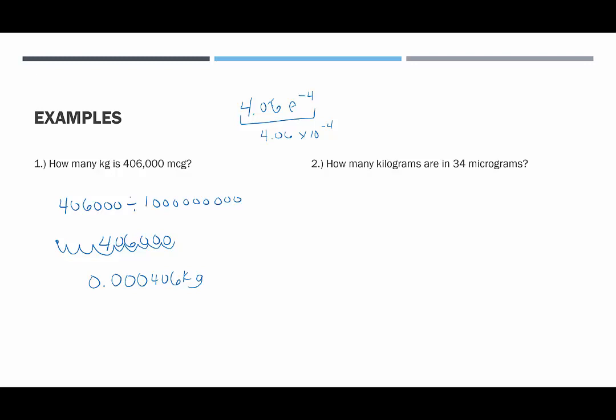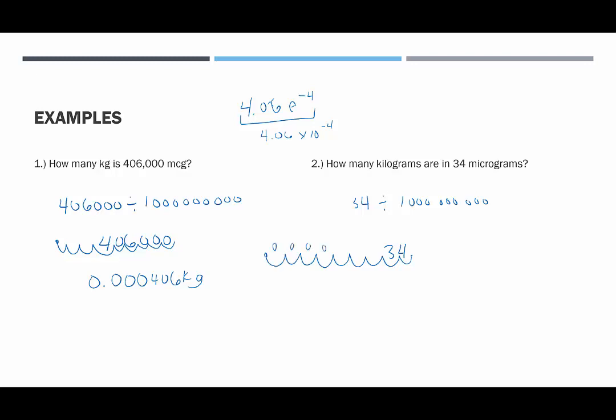Exactly. Okay, in our next example, how many kilograms are in 34 micrograms? So we're going to take that number and divide it by 1 billion. When we divide it by 1 billion, that means we're moving the decimal point 9 places to the left. So we're going to go 1, 2, 3, 4, 5, 6, 7, 8, 9. And then we're going to fill in zeros in these gaps.